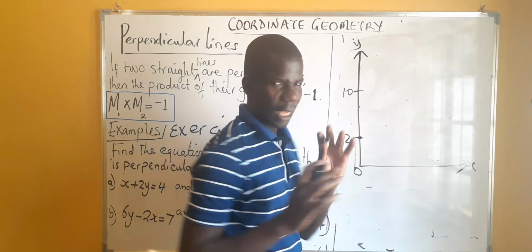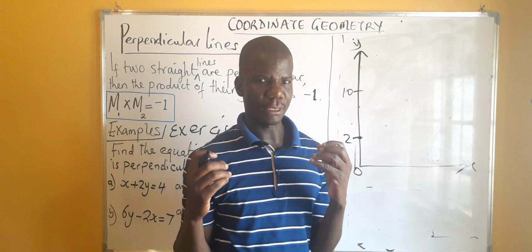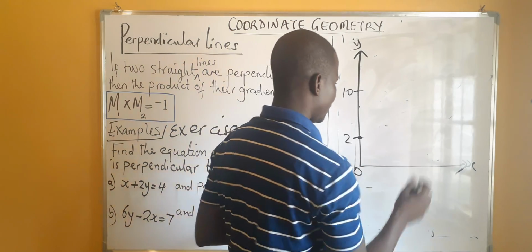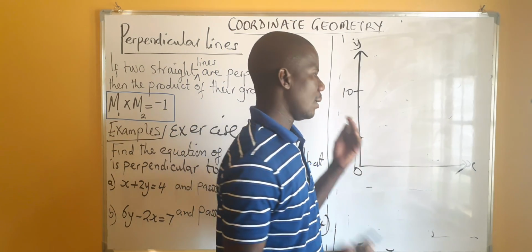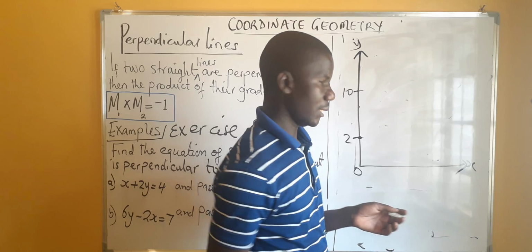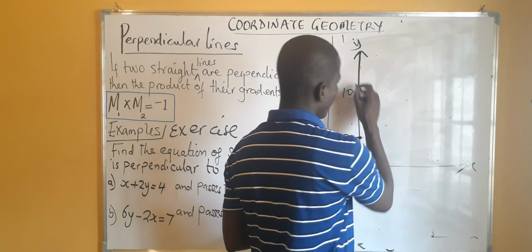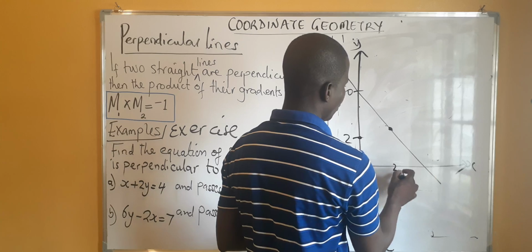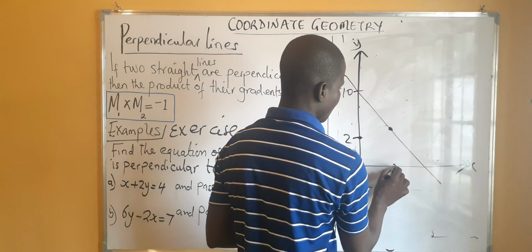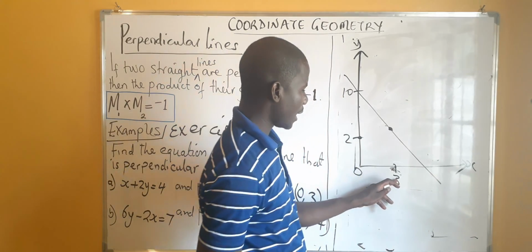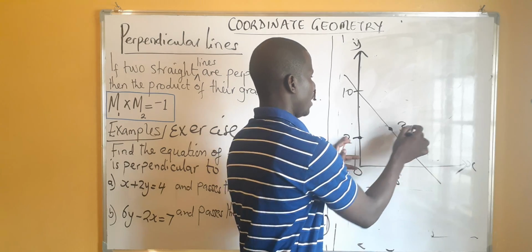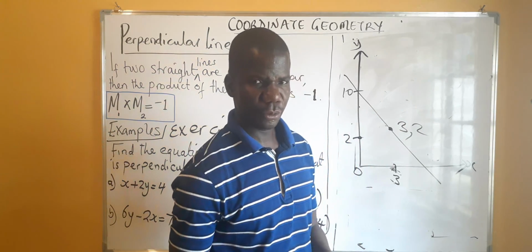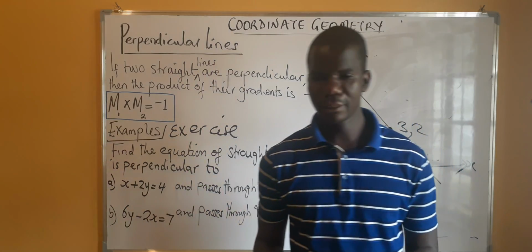So you shouldn't have issues extracting the coordinates. You start with the x coordinate, then you come to the y coordinate. If we have another point here, let me say 3, what are the coordinates? You start with 3, 2: this is the x coordinate and the y coordinate there. We shouldn't have issues on how to extract coordinates.